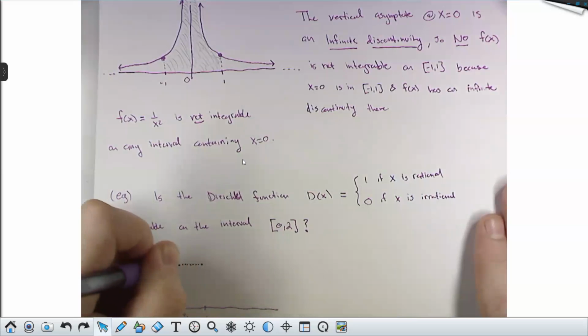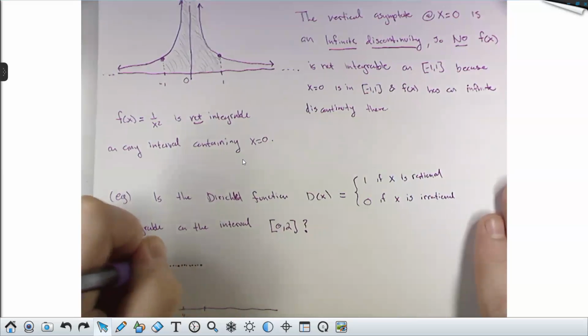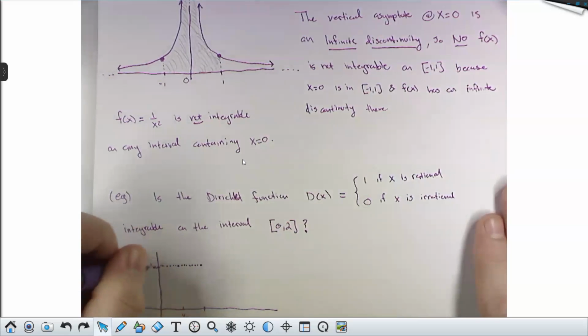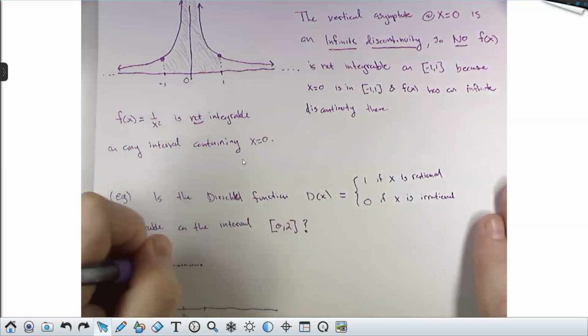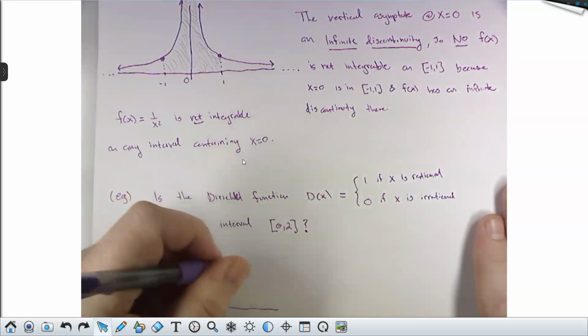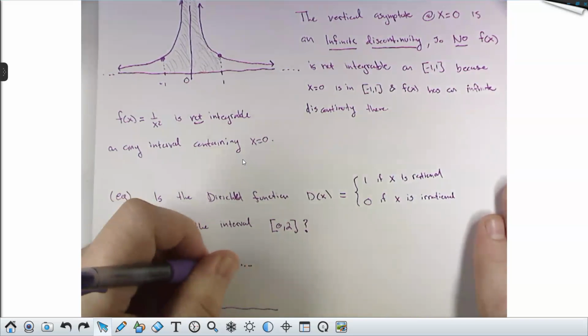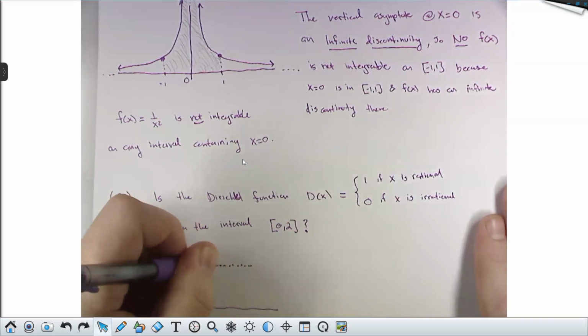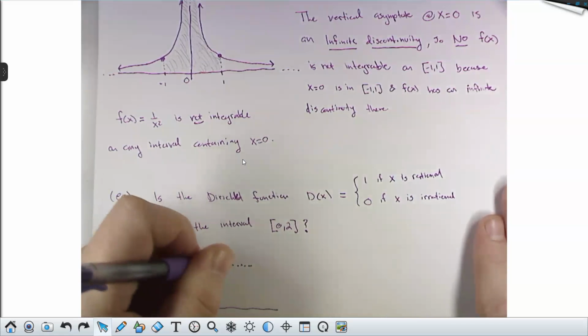So there's lots of points up here. In fact, there's infinitely many points up here on any interval, because between any two real numbers, there's infinitely many rational numbers. So the graph of this function, remember, is like a fine sprinkling of dust along the line y equals 1.